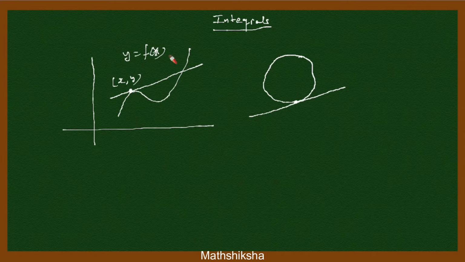Without derivative, it was not possible to define the tangent of the curve at these points because this definition was limited only to the circle. Suppose we have this curve and this is a line meeting the curve only at one point, still it was not a tangent. So to define the tangent, derivative was discovered. So the main aim of derivative was to define the tangent and to find the slope of the tangent.